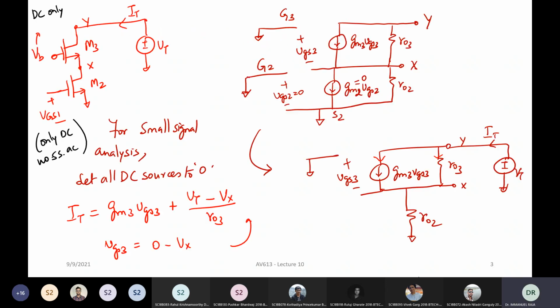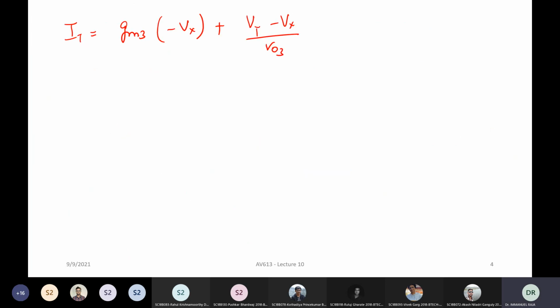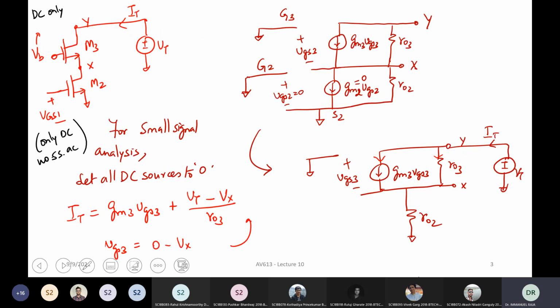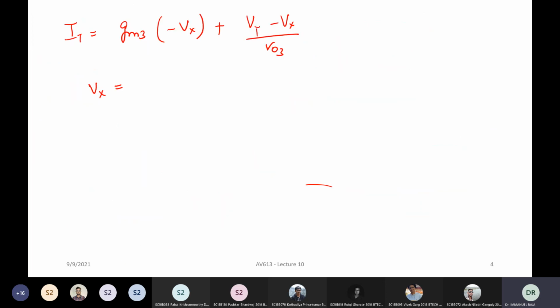Right. Now, what is Vx? Vx is basically the voltage across this resistor R02. And what is the current flowing through R02? It is equal to IT. This IT branches into two things and then combines together. It has nowhere else to flow. So Vx can be written as IT times R02.